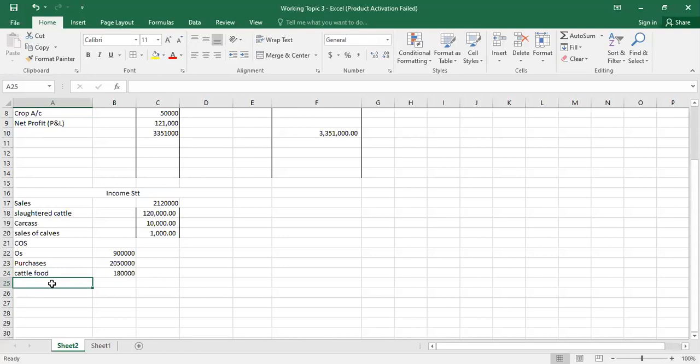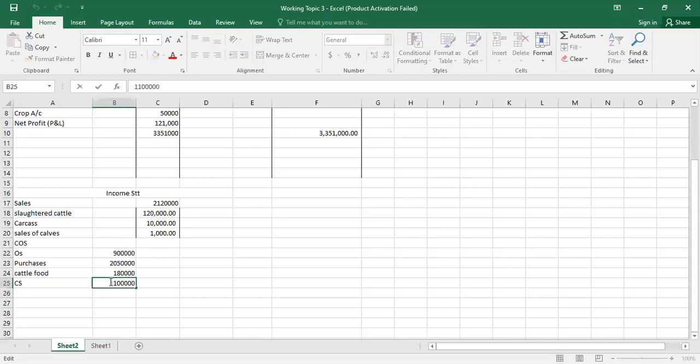180,000. Do you have any other item of sales? Cost of goods available for sale, do we? So we don't have. So we less our closing stock. What's the figure for closing stock? It is 1,100,000.